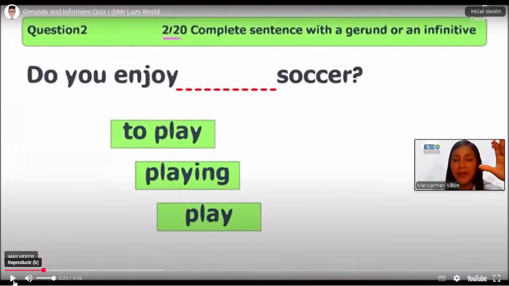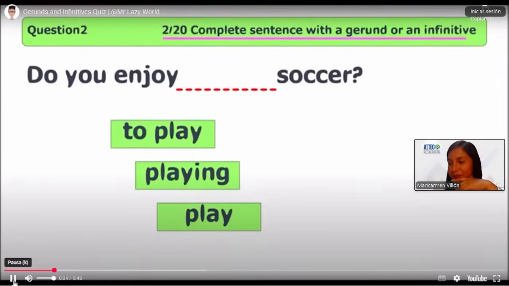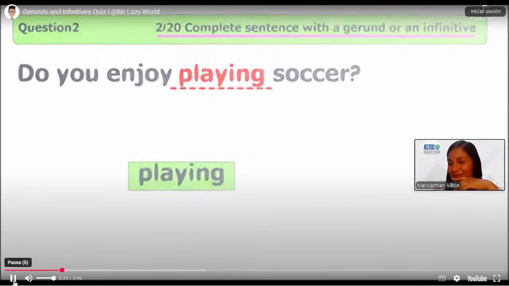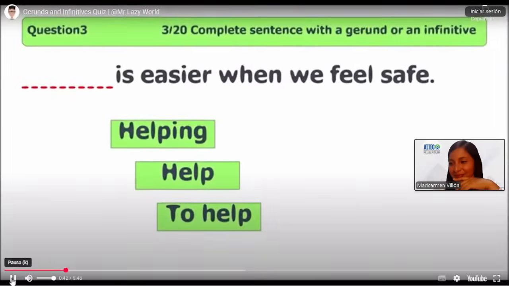Veamos, do you enjoy? Tengo infinitive, tengo gerund, tengo el verbo, en su base será to play, playing or play. Do you enjoy? Okay, number 3 now. It's easier when we feel safe.